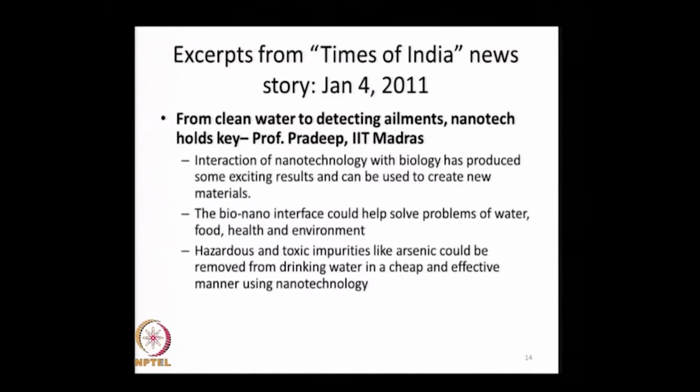This is a bio-nano interface which can help solve many problems: water, food, health, environment, etc. Hazardous and toxic impurities like arsenic can be removed from drinking water in a cheap and effective manner using nanotechnology, and many of these technologies have now been commercialized and are available in the market at very reasonable prices.